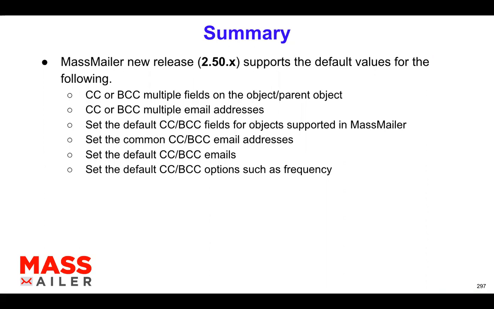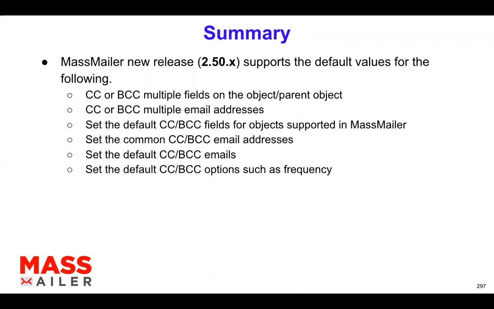Just to summarize, under the MassMailer setup settings for the CC and BCC options, you would find a bunch of extra things. Again, it may sound a little difficult to understand what I've written here.